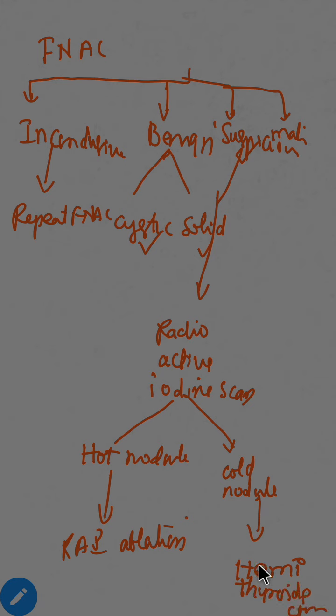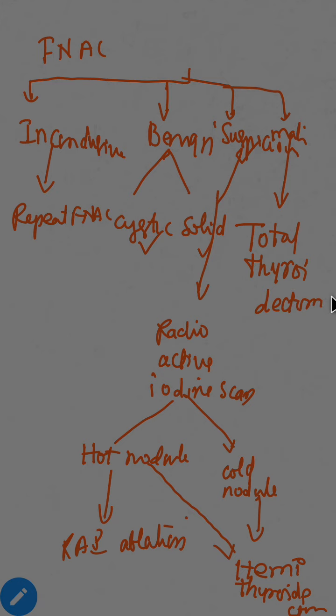This hemithyroidectomy can also be done for a hot nodule as well. This is about suspicious. Then in malignant, if the lesion is malignant, we'll do total thyroidectomy.